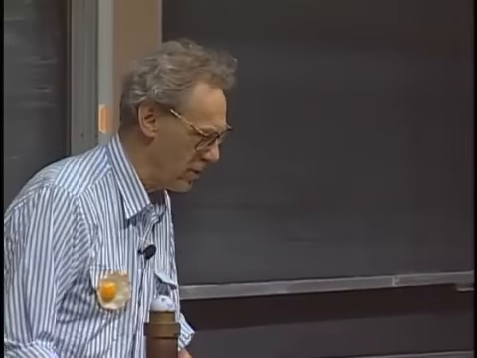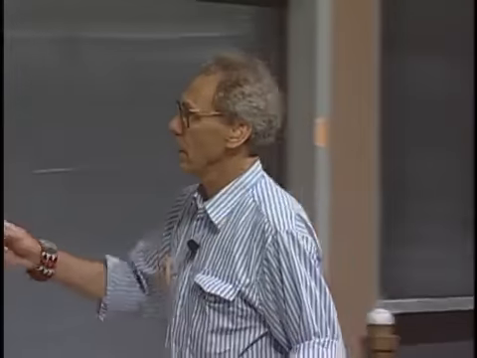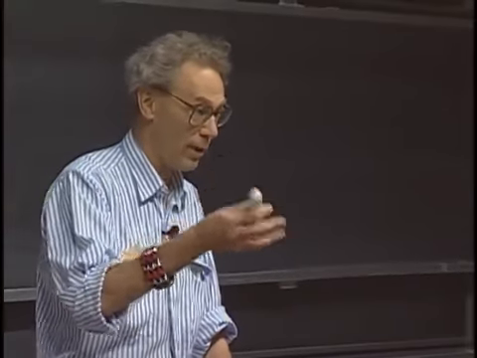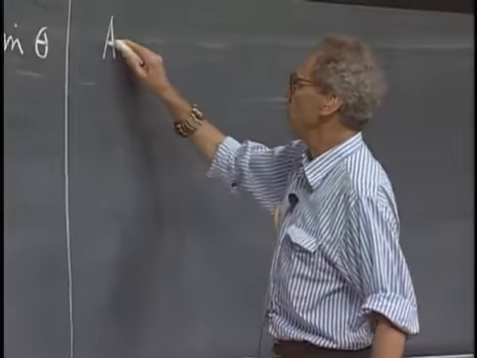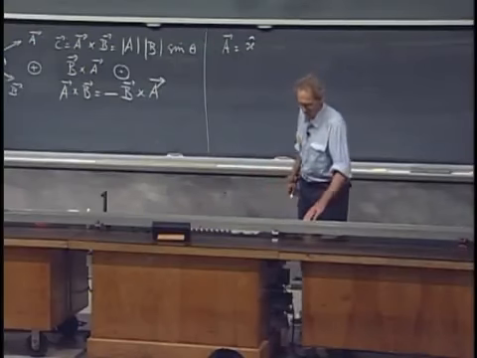Let's take an extremely simple example. Again, I don't mean to insult you with such a simple example, but you will get chances, more advanced chances, on your assignment. Suppose I gave the vector A is x roof. It's a unit vector in the x direction.